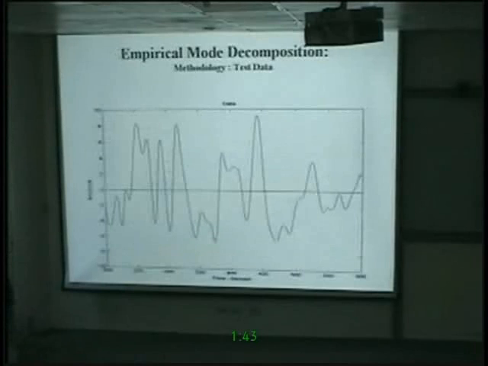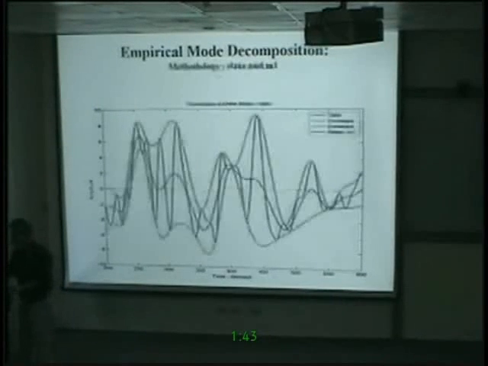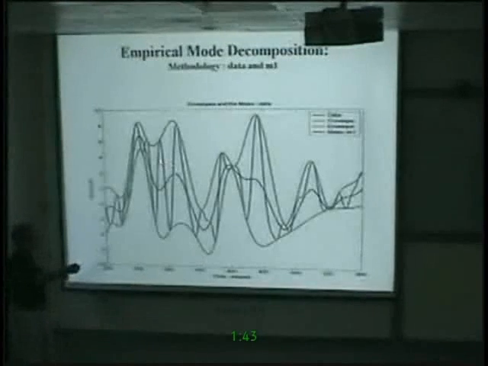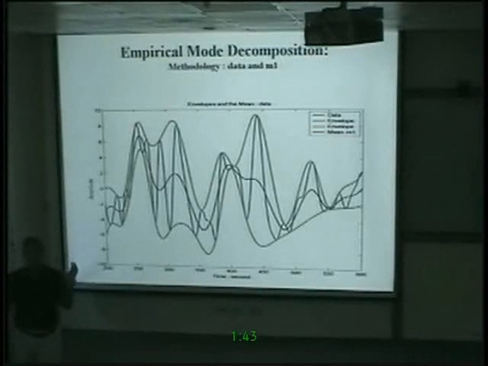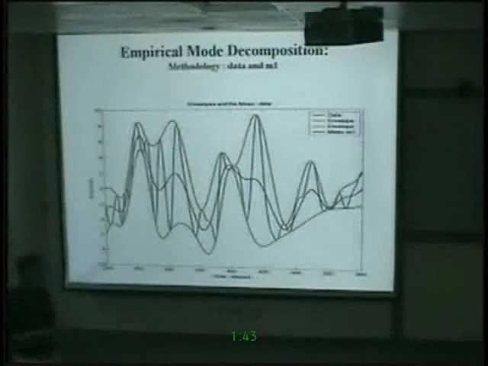Now this is the data that I have already shown to you. We can go very fast here. Here's the data. First we define the envelope. My definition of envelope is the connection of maxima. The upper envelope looks like a retrace of the data. It's fine. The lower envelope again looks like a retrace of the data.